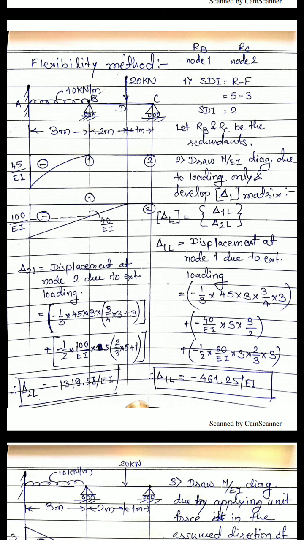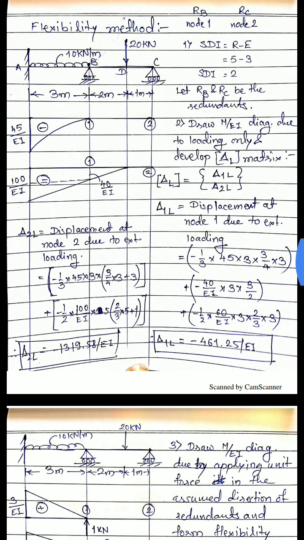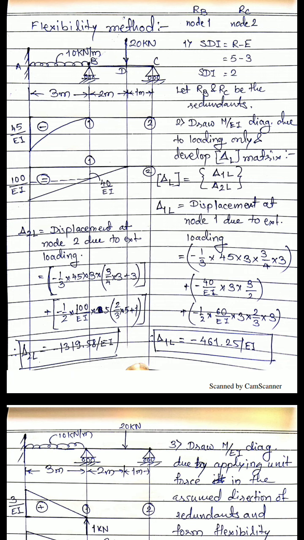Due to this point load, at point A the bending moment comes out to be 20 into 5, that is 100 by EI, and at point B it equals 20 into 2, 40 by EI. You can draw this M by EI diagram easily with the help of the external loading applied on the structure. Now how to develop this delta L matrix?